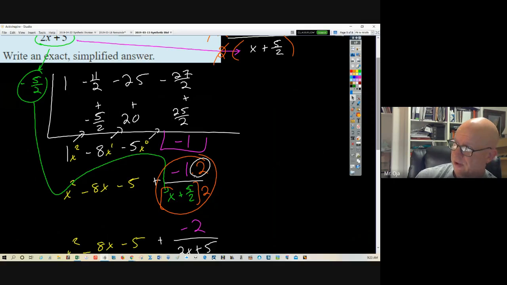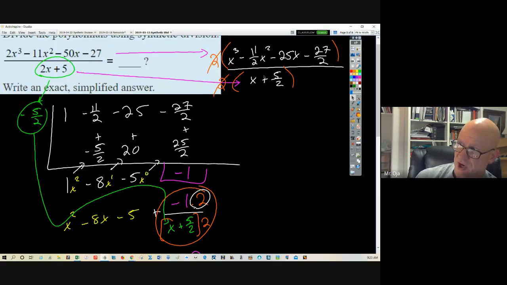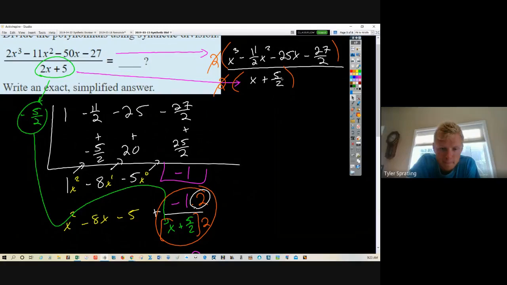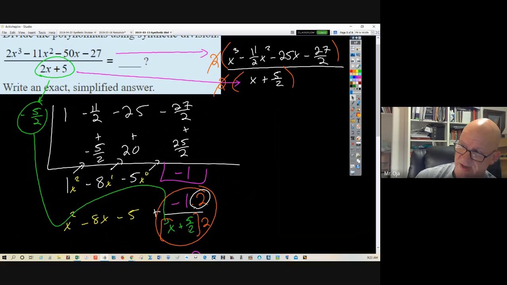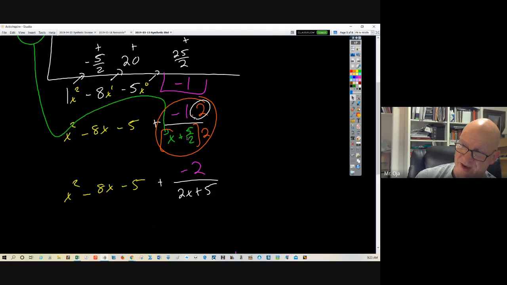Our denominator, as we've got this written now, is x plus 5 halves, right? So I get a negative 1 on the top and an x plus 5 halves on the bottom. But that's really inconvenient. We don't want a fraction on the bottom. So we're going to clear the fraction by multiplying the top and the bottom by the same thing.